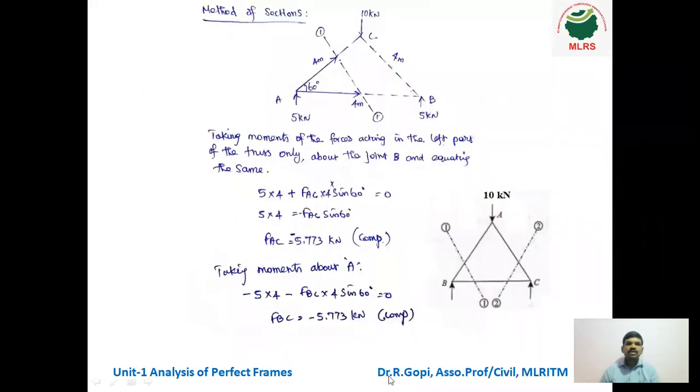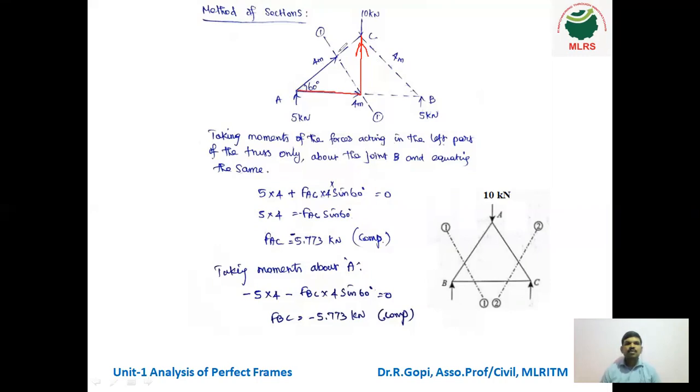Next, what are the other forces? We need to calculate FAB, so this force into this perpendicular distance. It is anti-clockwise, the force acting like this, and point C lies here. How to calculate this side?